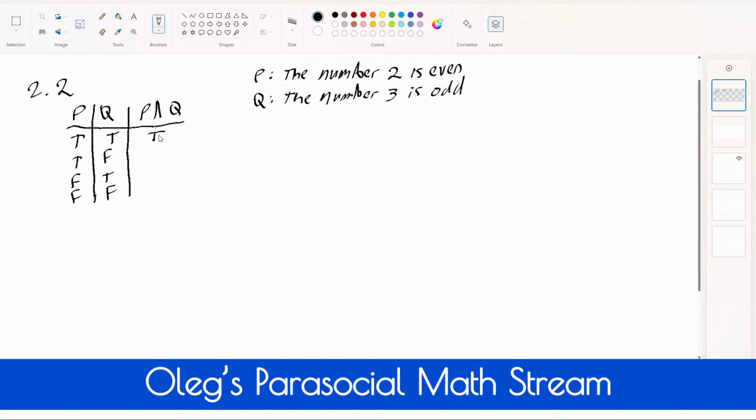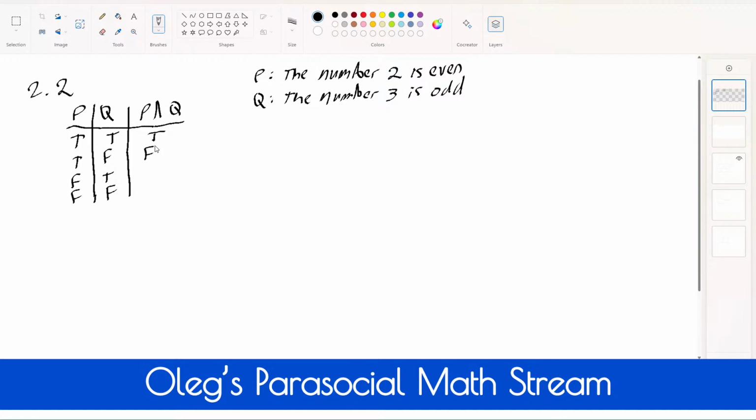Turn off the volume. So anyway, basically this is a truth table, and with truth tables, what's happening is that P is true, Q is true, the 2 and 3 is true. If P is true and Q is false, then it is false because the rotten apple spoils the bunch, basically.